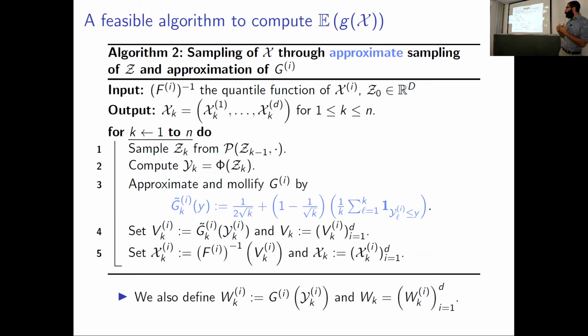So what I want to show is that if I use this kind of scheme, I will eventually get a Markov chain in X that converges to the true distribution of X. That's the game. And why am I using Markov chains for these things? Remember that I want to sample X conditional on a rare event.